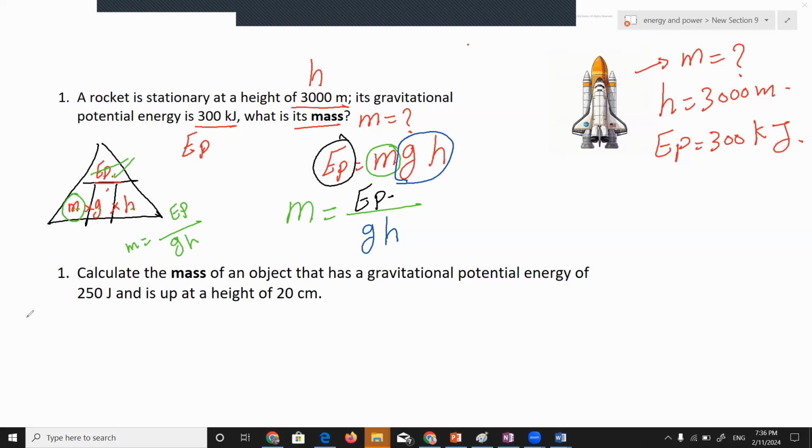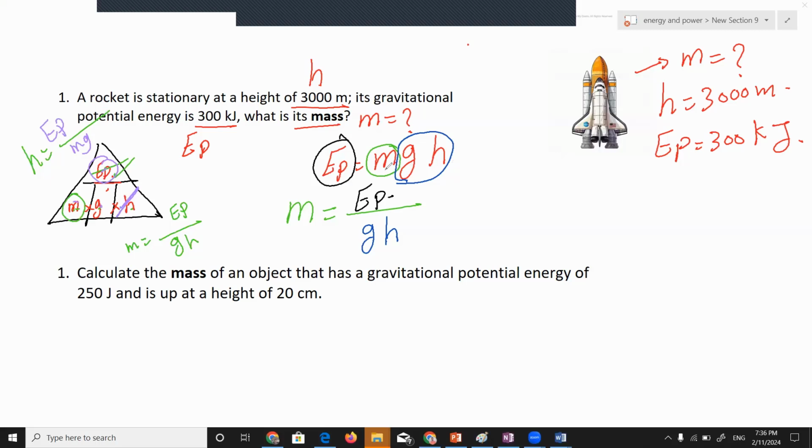If I ask about h, the height, it will be gravitational potential energy divided by mg. Either way is correct. You can use any one of them. It will give you the same thing at the end.